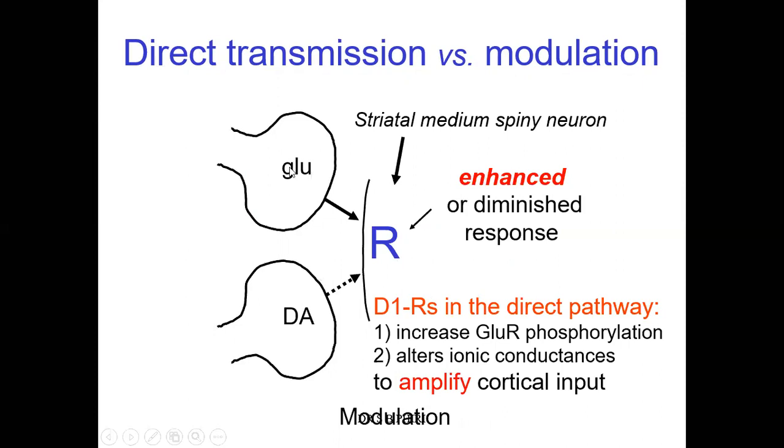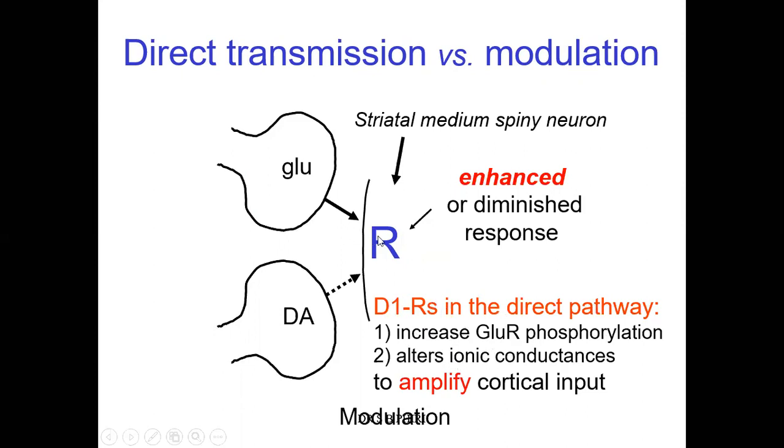Via glutamate and dopamine, it's going to enhance the D1 receptor. So the D1 receptors in the direct pathway are going to increase the glutamate receptor phosphorylation. That is going to alter ionic conductance.